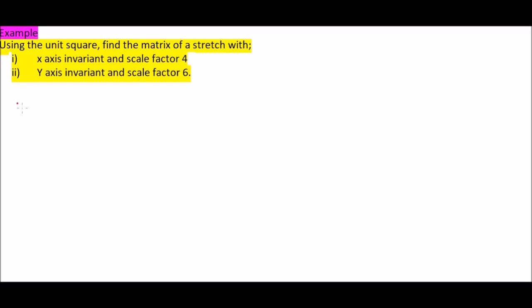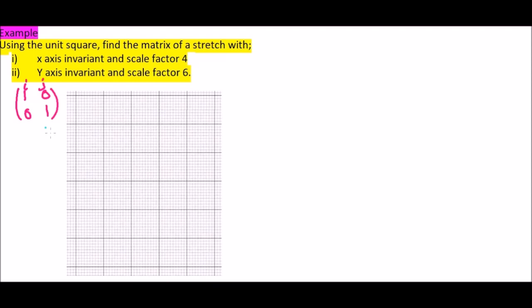Of course we know the unit square has a matrix 1 0 0 1, whereby this is our i and this is our j. So we are going to plot these two points and see the kind of transformation described here.